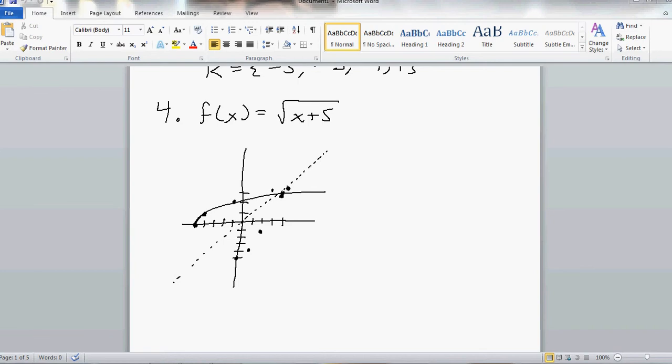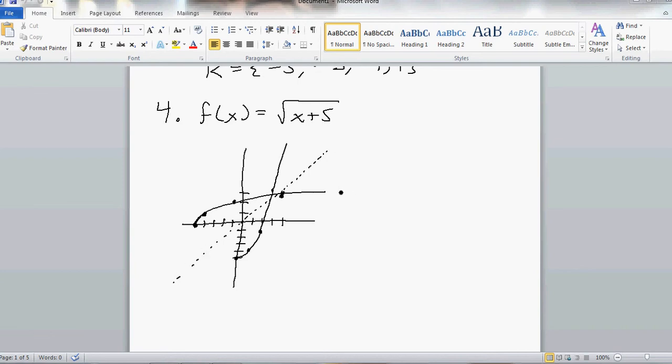The graph is slightly off because that point should really be there. And we get something that looks like this. And notice that truly these two curves here are, if my graph were more accurate, reflected over the line y equals x.